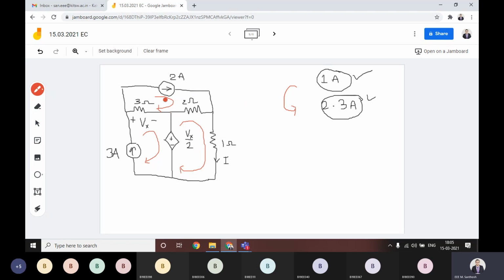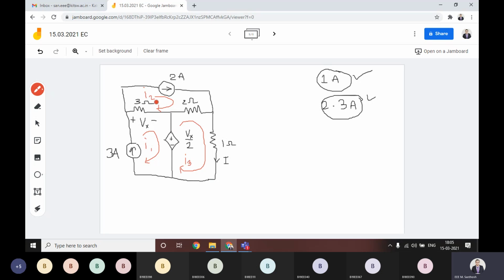And the other thing is, whenever you are writing the first mesh equation, that mesh current is always greater compared to the other mesh currents. That is the actual rule when you are writing. Suppose my current directions are like this, then you know these two rules, I think. If you don't know, note them down. Then this is I2 and this one is I3.